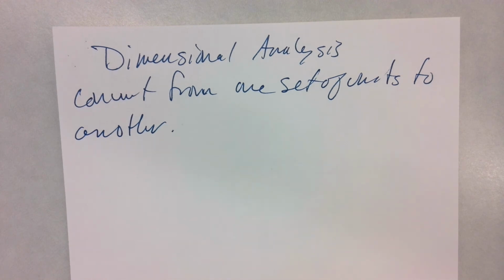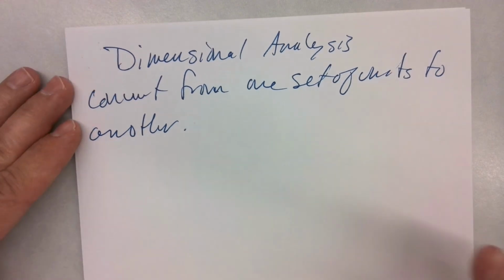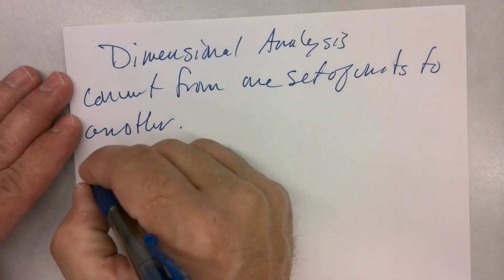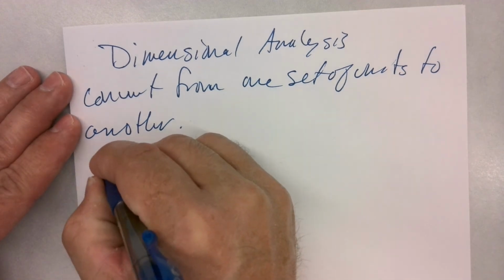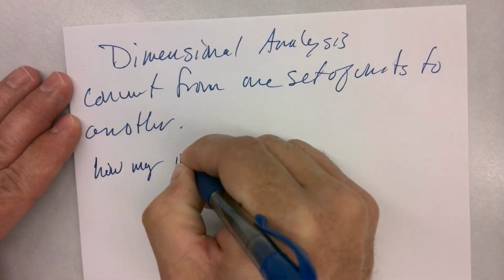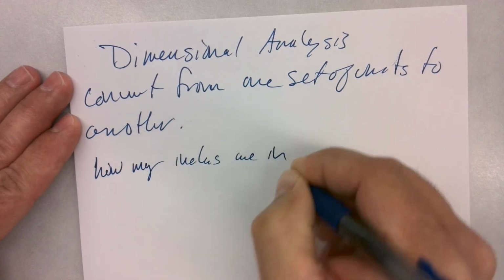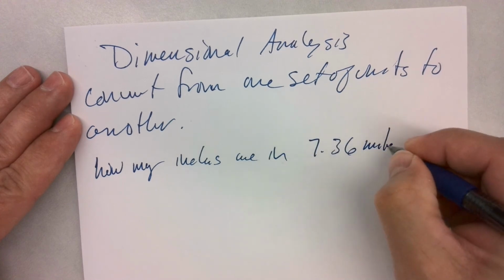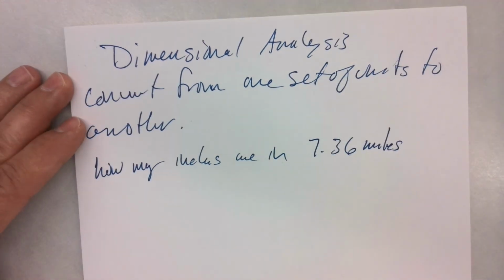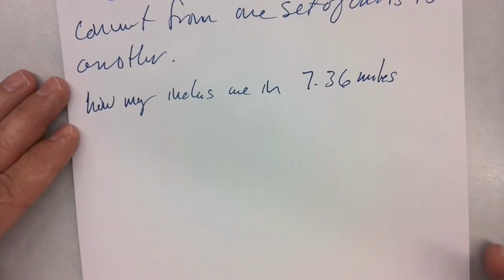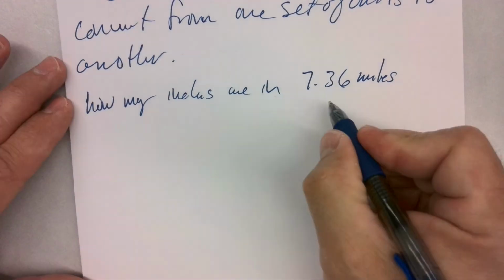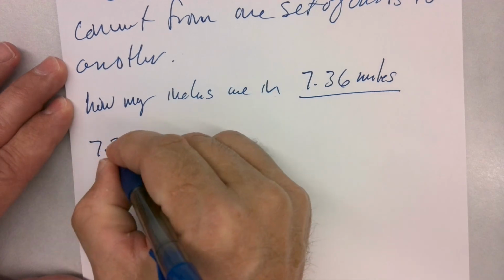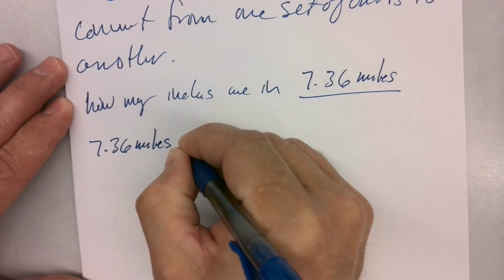So for example, let's say I wanted to know how many inches are in 7.36 miles. Now, this is what I'm going to start with. So I'm going to start with 7.36 miles.